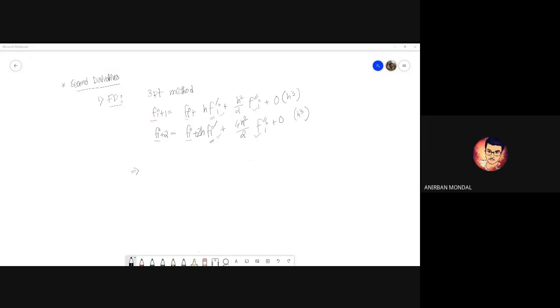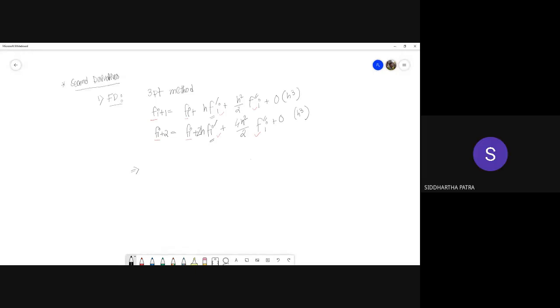fi plus 2 minus 2 into fi plus 1. Correct. So if I do fi plus 2 minus twice fi plus 1, then on this side I'll be having minus fi plus 0, because these two will cancel out, and then over here twice h squared divided by 2 fi double prime. Now these two 2's will cancel out.